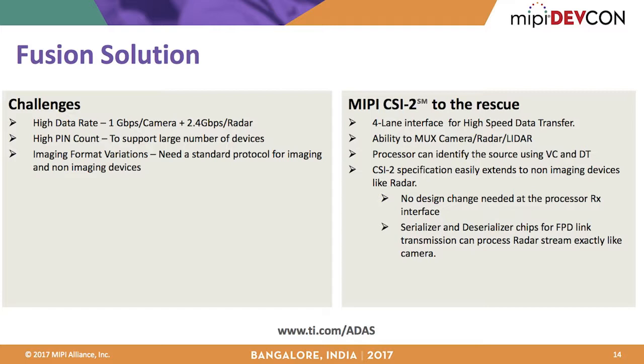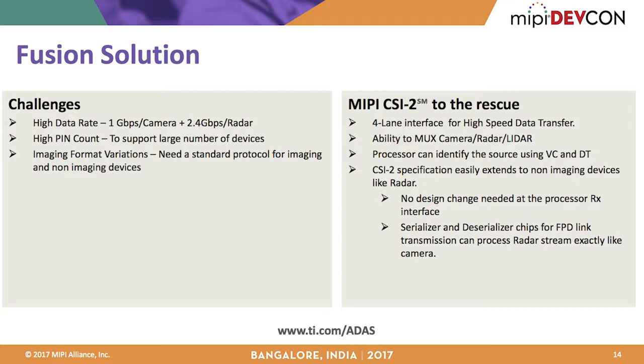And how CSI2 helps is, as we have already seen, 4-lane interfaces. But in terms of image format variations, CSI2 supports a lot of different kinds of formats from 8-bit to 12-bit to RAW to YUV and custom formats. Because of that, devices like radar can easily extend to the CSI2 protocol without making any design changes.